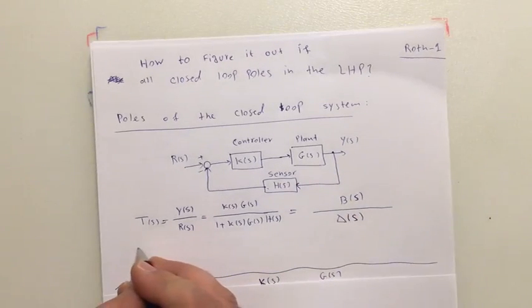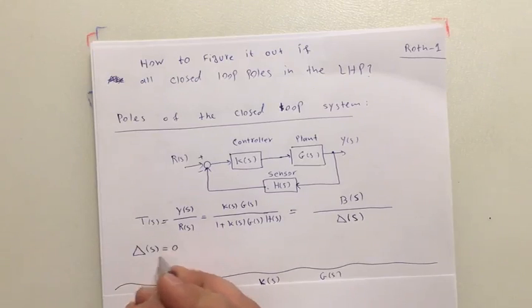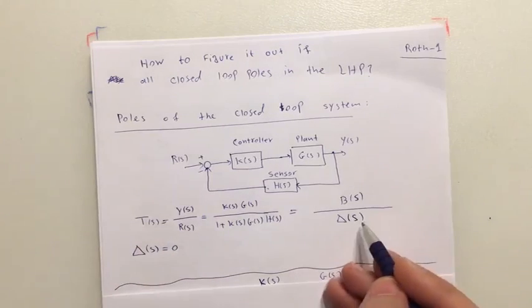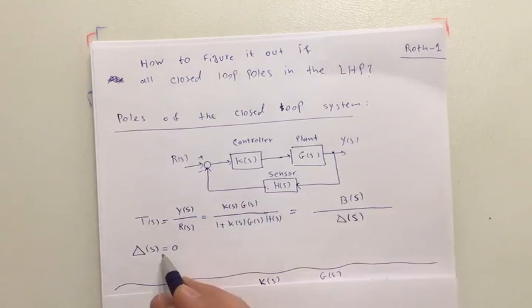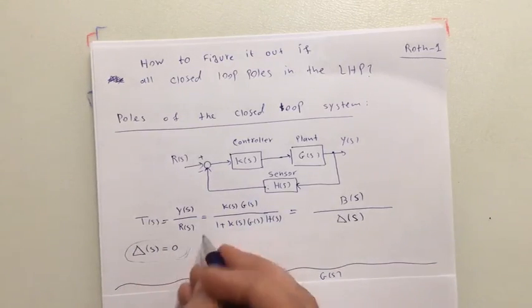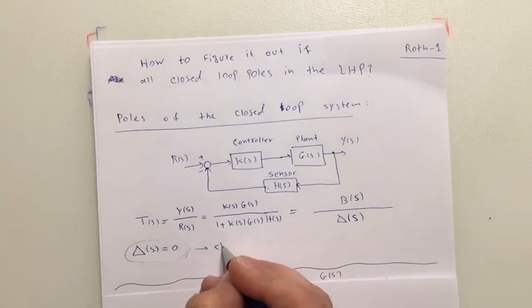And if we set delta of s equal to 0, the denominator equal to 0, this equation we call the characteristic equation.